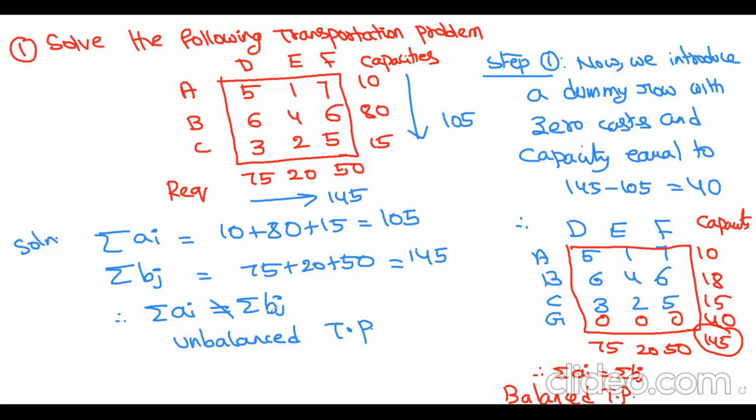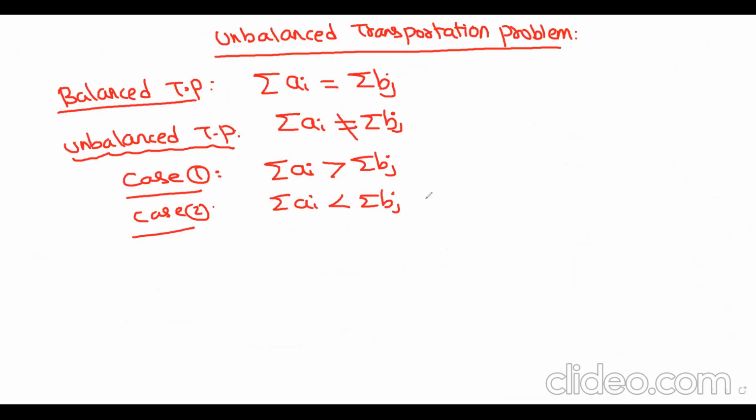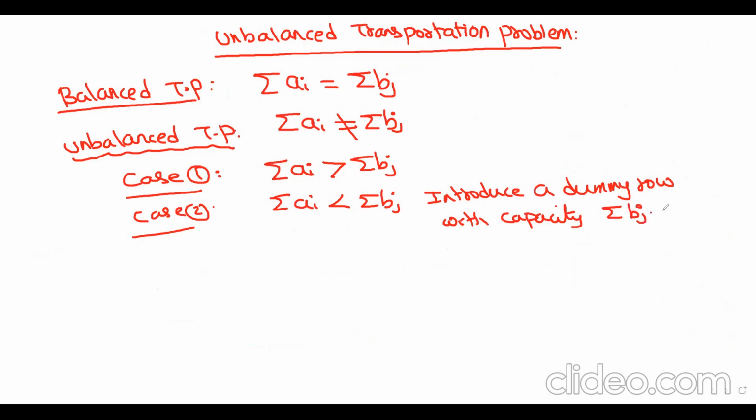Whenever the availabilities are less than the sum of the requirements, we introduce a dummy row with capacity summation Bj minus summation Ai, with zero costs.